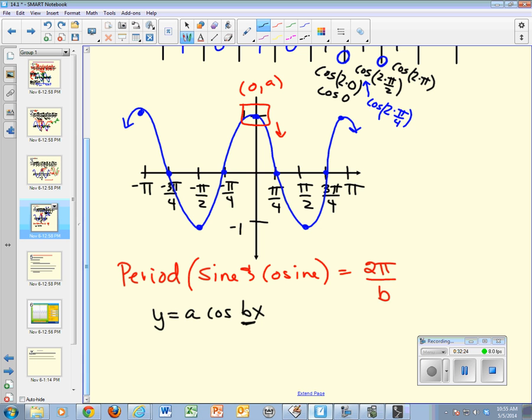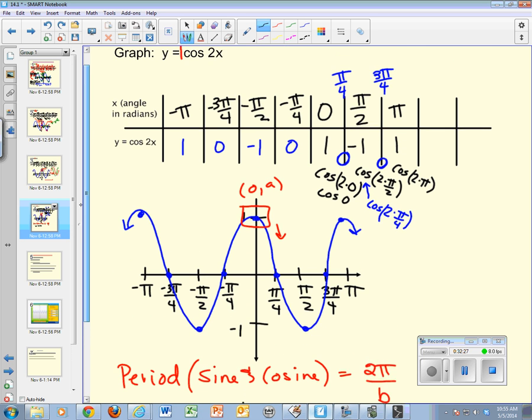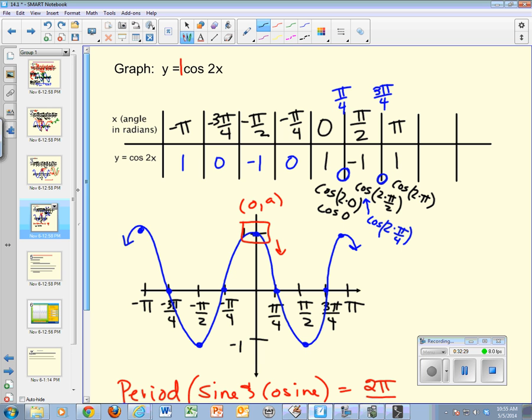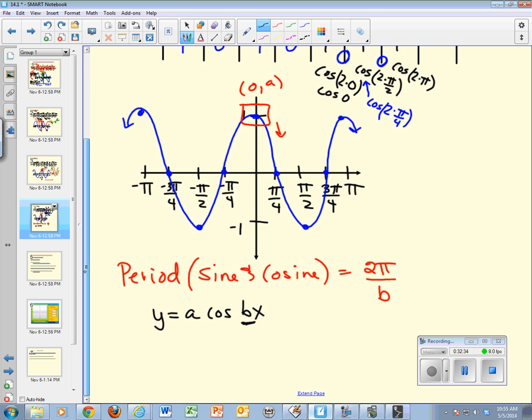So in this equation, b was 2. And so if we plug it in, we have 2 pi divided by 2. That simplifies to pi. And that's equal to the period. That's the length of one cycle. So from here to here.